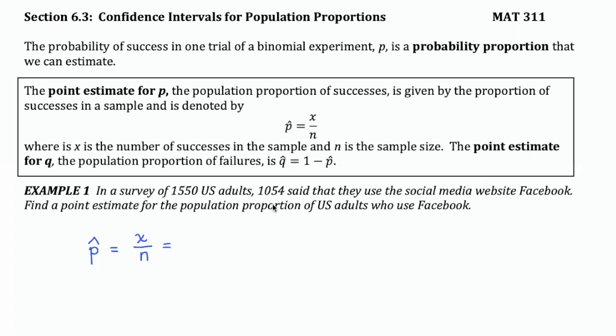So the number of successes in this case is people saying they do use Facebook, and there were 1,054 of those out of a total sample of 1,550 people. So again, you're really just finding a basic percentage. If you divide those numbers, you'll get this to be the decimal 0.68, or if we want to write it as a percentage, it's 68%. In other words, that's our estimate for the population proportion of US adults who use Facebook.